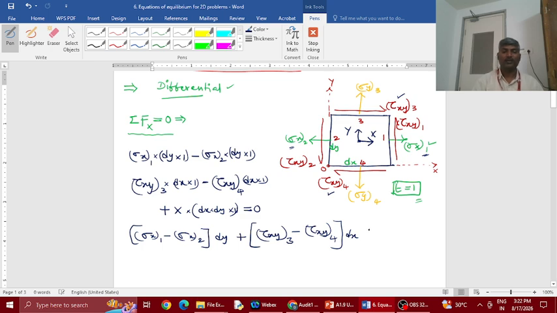The other one, plus X body force dx dy, is equal to 0. So this is the sum of x forces equal to 0 equation.